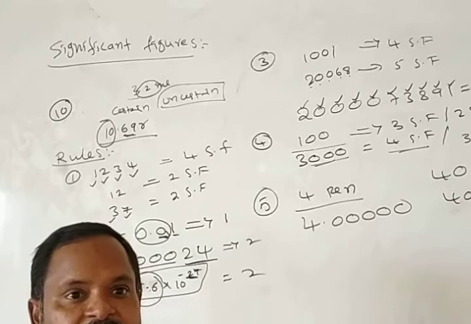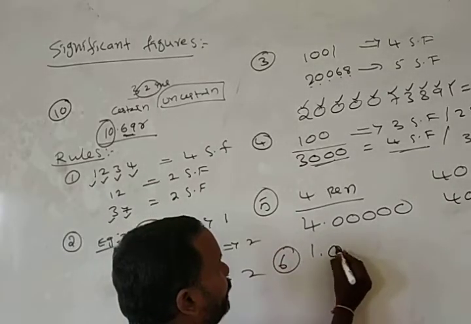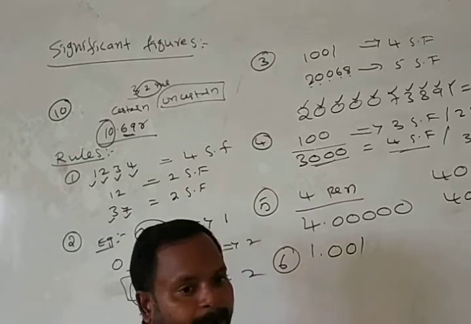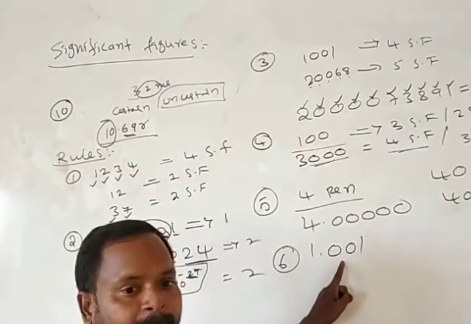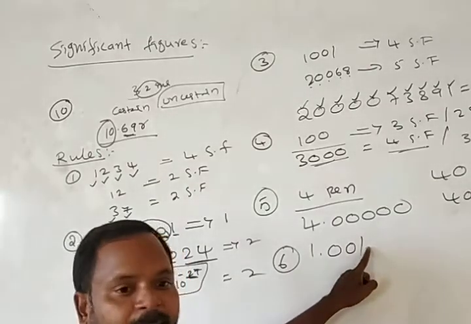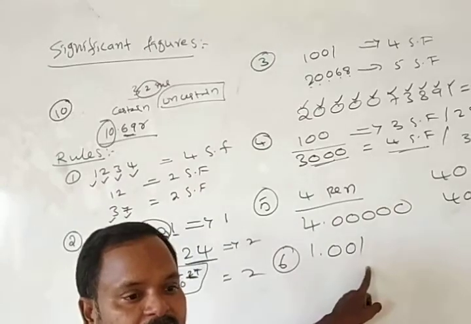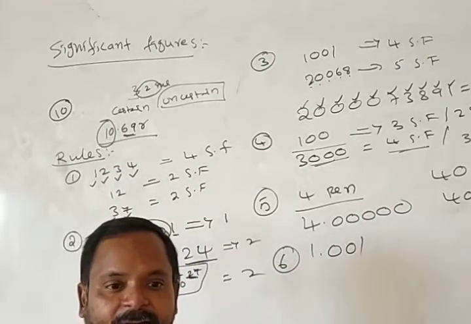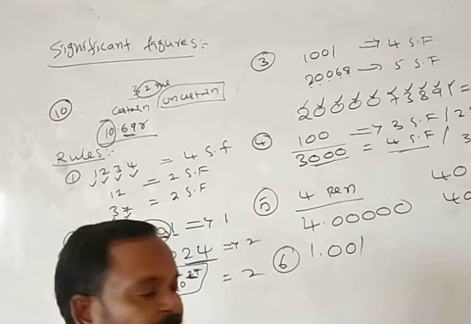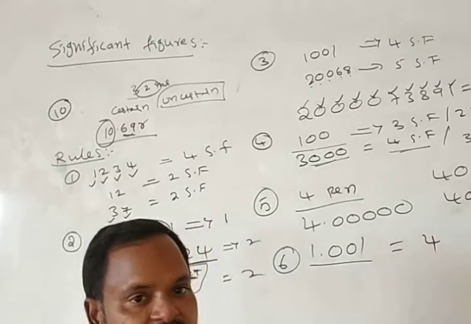For example, 1.001. The decimal is there, and here the number is there. These zeros are present between the non-zero digits, so these are also significant. Here how many significant figures are there? 4 significant figures.